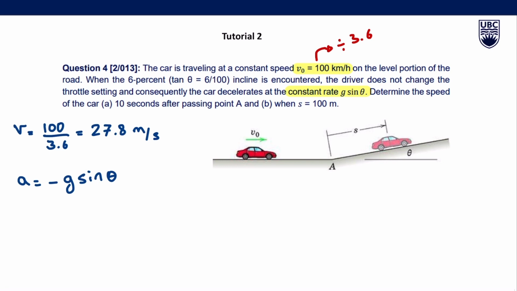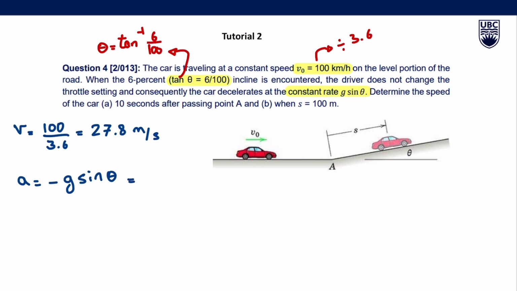Whenever it says tangent of the angle is something, it means you can write it like this. So theta is arc tangent of 6%. So we have theta. Using your calculator, you can calculate this arc tangent.